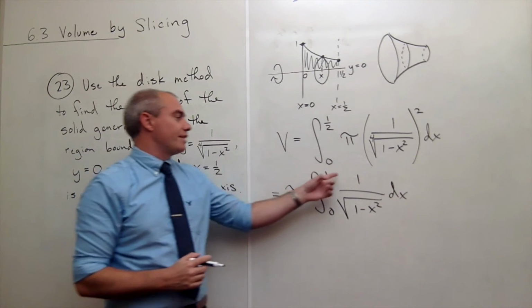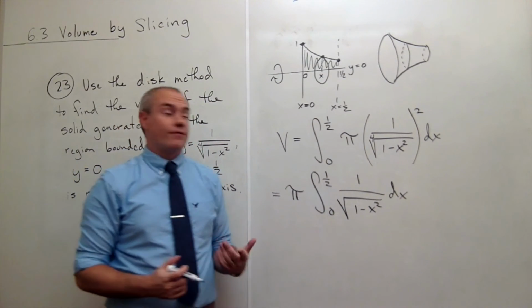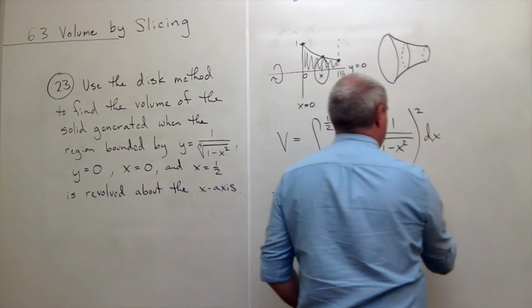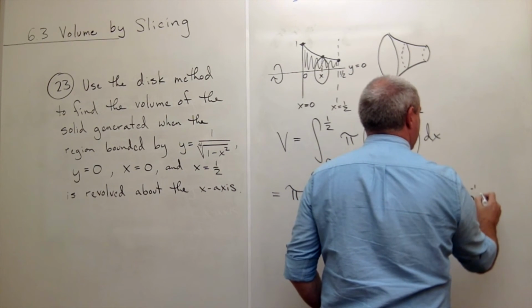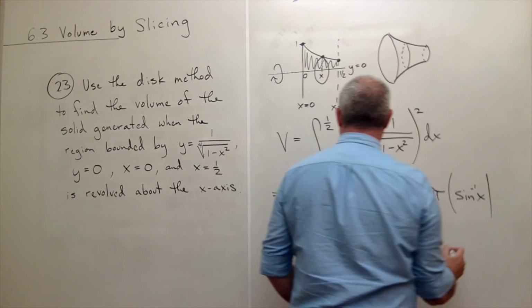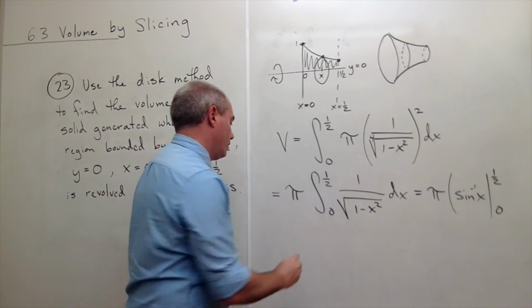And of course, the antiderivative of 1 over the square root of 1 minus x squared is sine inverse of x.